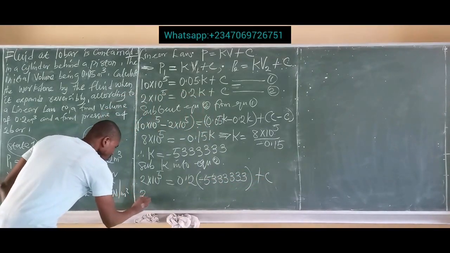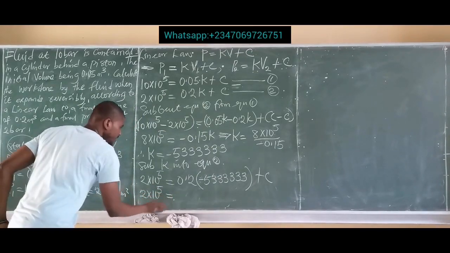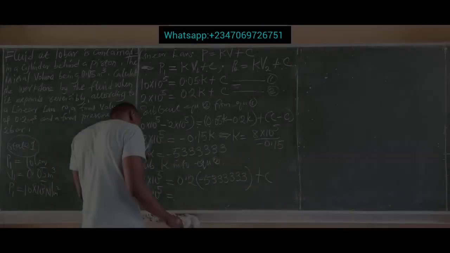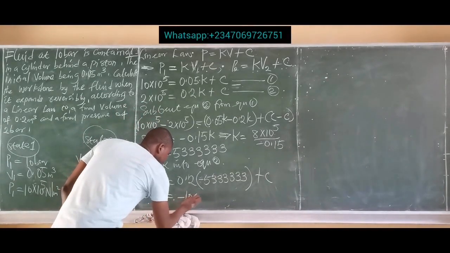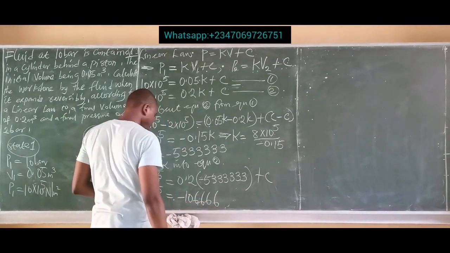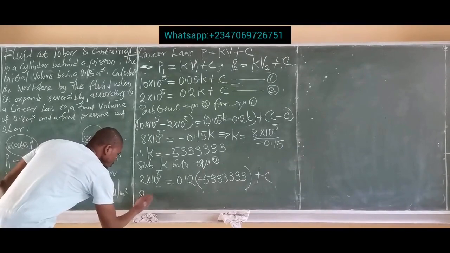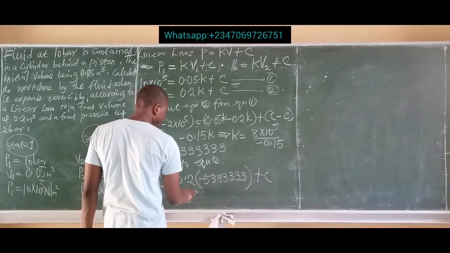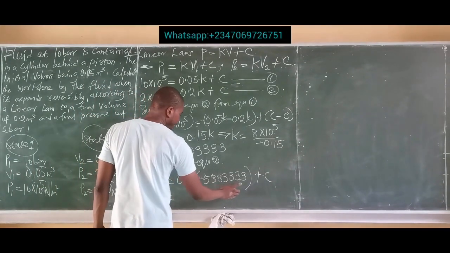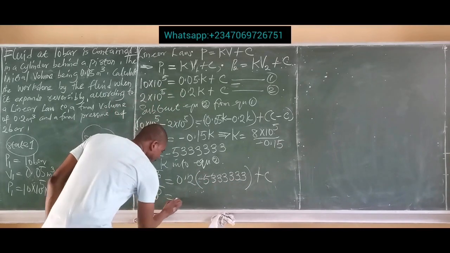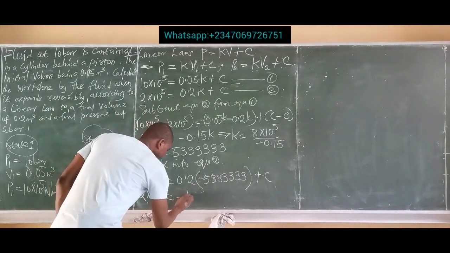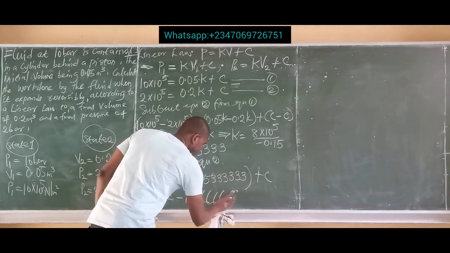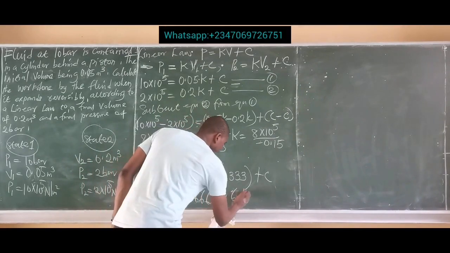So 2 by 10 to the power of 5 is now equal to 0.2 multiplied by 5,333,333. That will give us minus, not forgetting there's a minus sign there, 1,066,666.6, plus c.